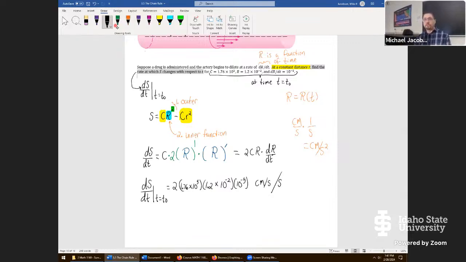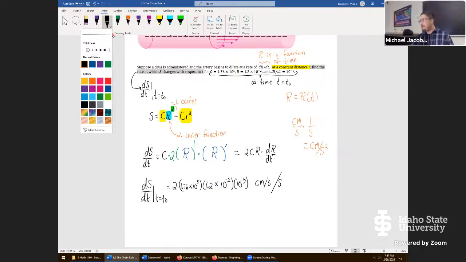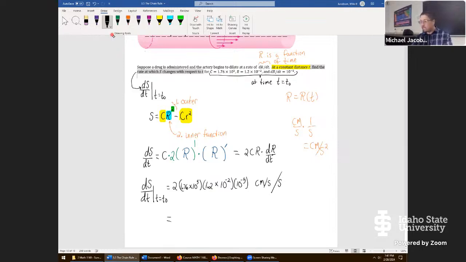Last thing to do is to throw this into a calculator, but I sincerely felt that putting this in a calculator was probably not the most riveting material. So I pre-calculated this. All these constants multiply together, and it came out to 4.224 times 10 to the power of -2 centimeters per second squared.